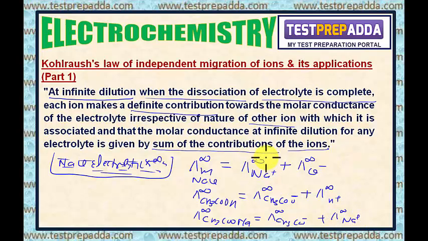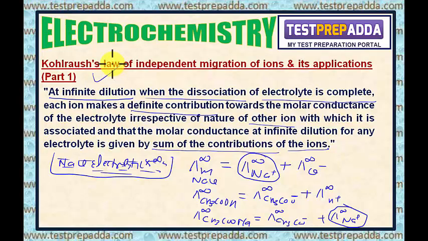Now the contribution of Na plus here and the contribution of Na plus there, magnitude wise both will be the same, and the contribution will not be influenced by the presence of other ion like Cl minus or CH3COO minus. This is Kohlrausch's law.